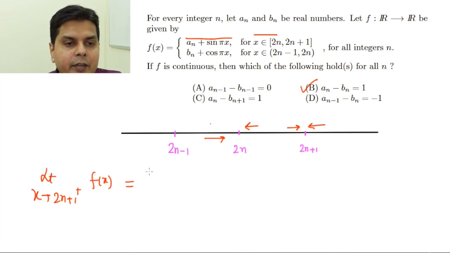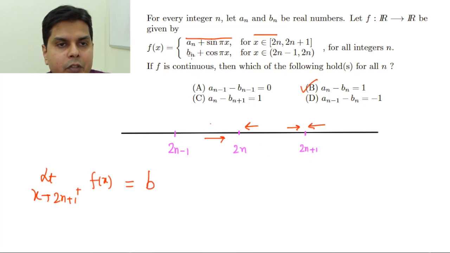So what I will get is b of, instead of n I have to write here n plus 1, because this formula has been given for 2n minus 1, but instead of finding the value at 2n minus 1, I have to find the value at 2n plus 1.